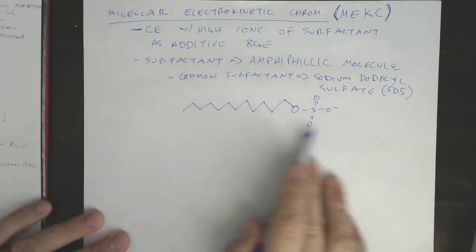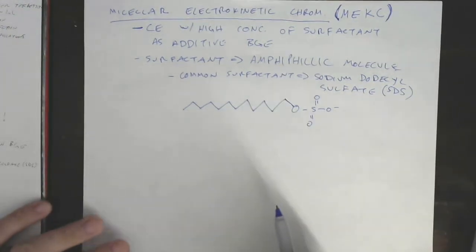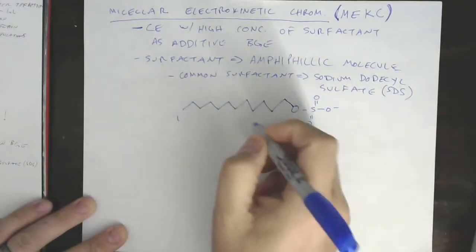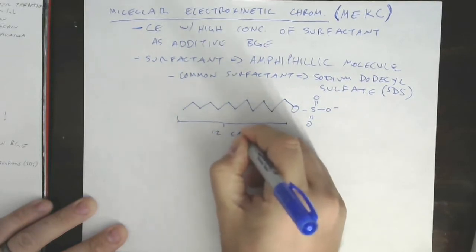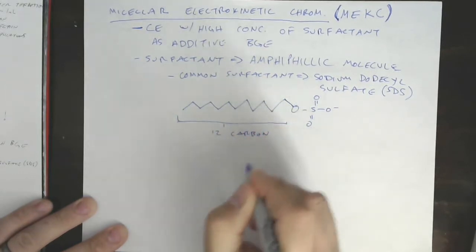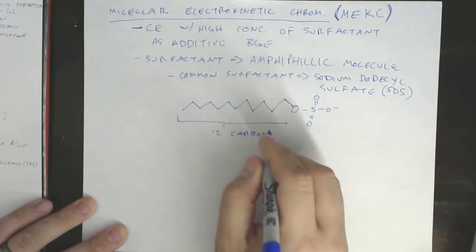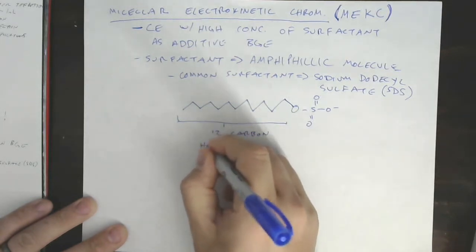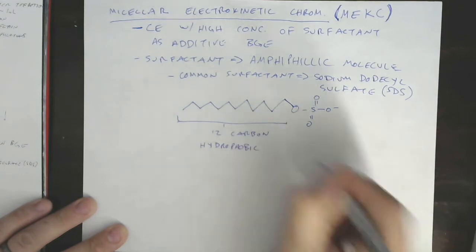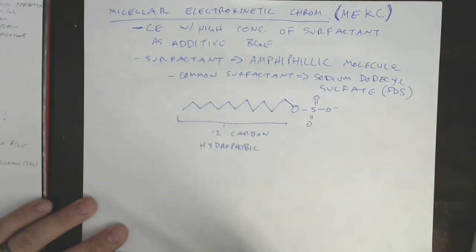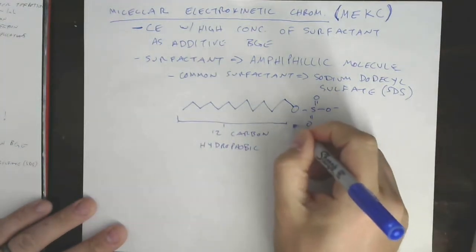You'll recognize this structure as being very similar to the structure of a biological lipid, and that is it has this tail. In this case, in SDS, this is a 12 carbon saturated tail. It is hydrophobic naturally, as all saturated hydrocarbons would be. And then it's got this polar head group.